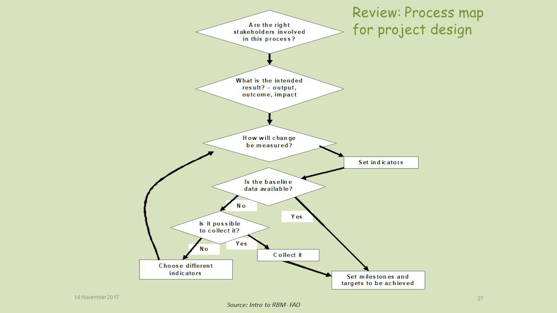If it's already available, then you can go ahead, collect that data or review that data and set targets. If the baseline data is not available, then determine, is it possible to collect? If it is, you go and collect it and then set your targets. If it's not possible to collect, then you need to choose different indicators and start back at this point in the design.